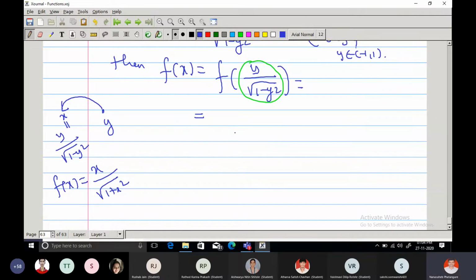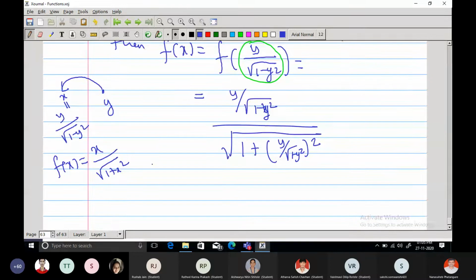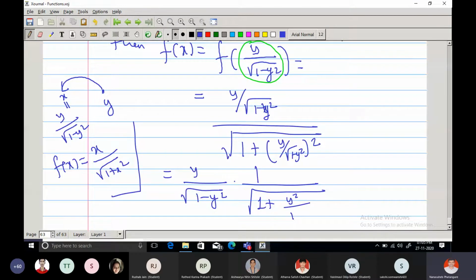Whatever I am writing, is it clear? Yes. So y upon square root of 1 minus y square as it is. In the denominator, what is it? Square root of 1 plus y square upon 1 minus y square. Simplify this further.